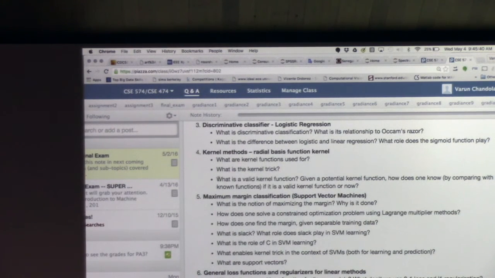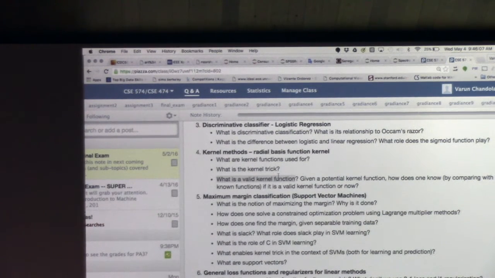So we also looked at when would a function be a valid kernel function, right? So a kernel function is essentially a function that takes two data objects and produces some similarity value, right? But it turns out that you cannot just use any function as your kernel function. They have to follow a certain property. And the property is essentially that the kernel matrix that you get should be positive semi-definite, right?